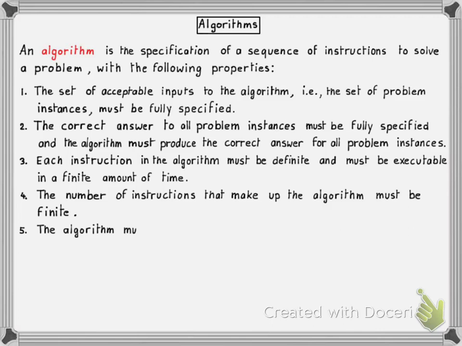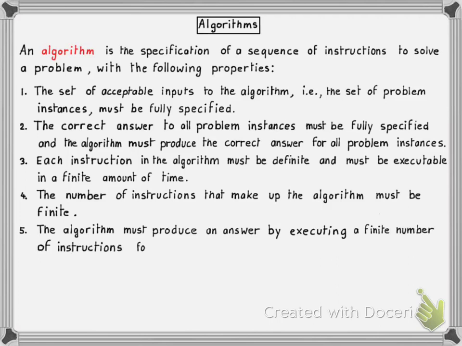And the last and fifth required property of an algorithm is that not only the number of instructions is finite, the source code, if you wish, of the algorithm is finite, but when you execute the algorithm, it must also terminate in a finite number of steps.